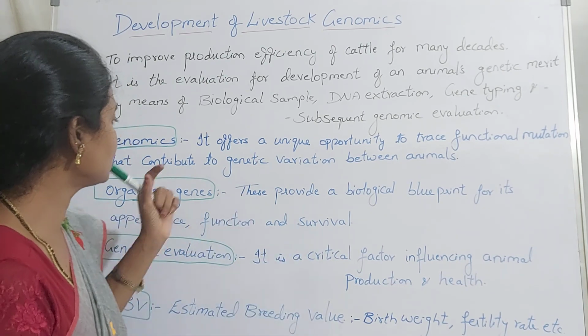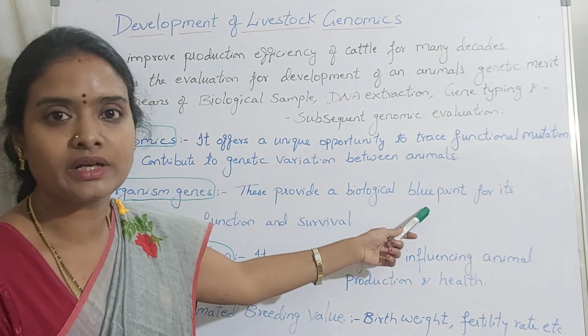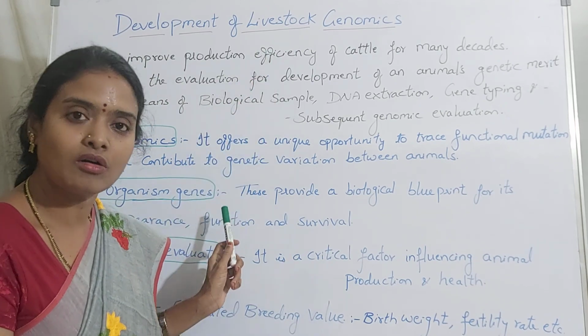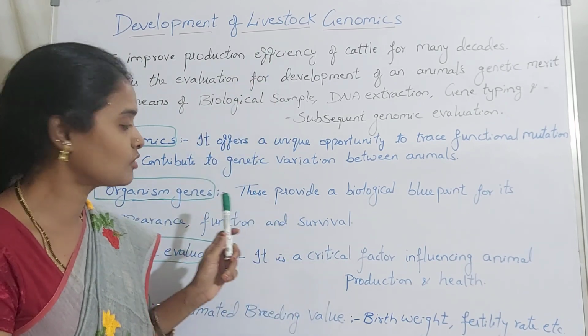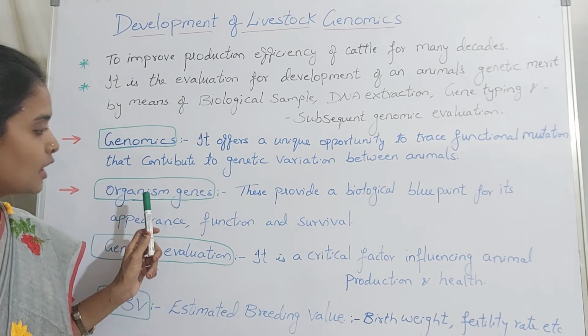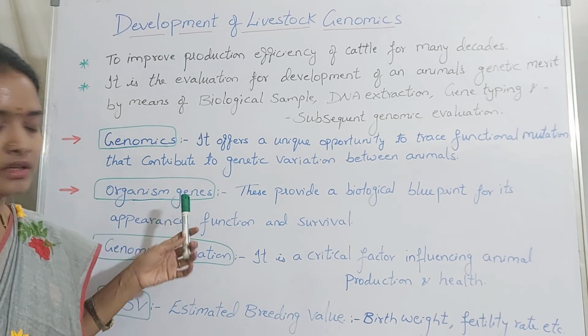So each and every particular gene can act as a blueprint. If that particular gene is present in the complete livestock, then all the cattle present in the livestock will have the same appearance, function or survival rate specifically.